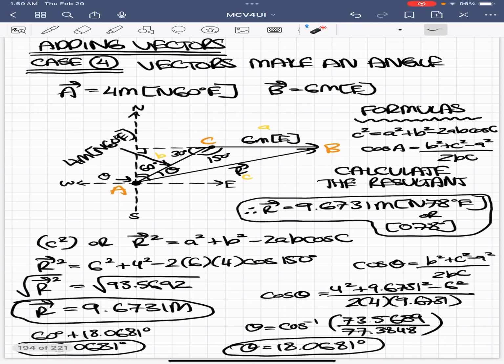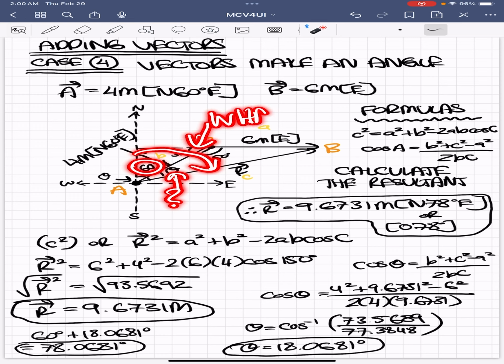So what we're looking for is this angle right here, and we're going to add it to this angle, because what we're looking for is this angle right here. We have this angle, so this one, question mark, this one, and then this one is what we're looking for.